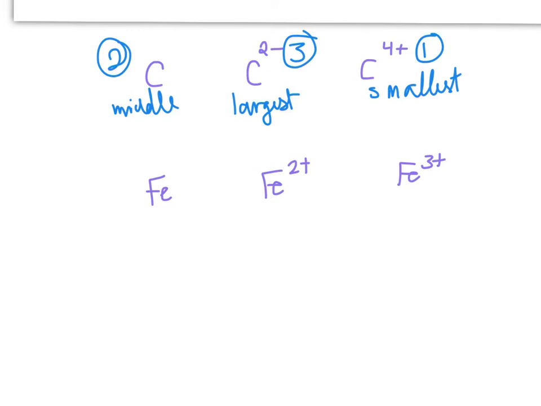And again, a cation is smaller than its parent, so those both with the charge would be smaller than the iron. Well, guess which one would be smaller? This one, because it lost even more electrons. And so the smallest would be this one, the smallest.